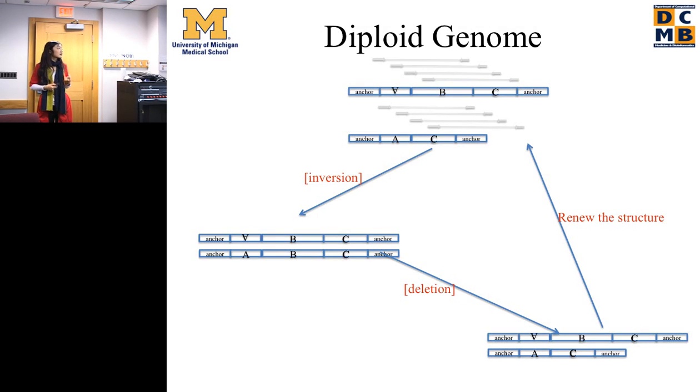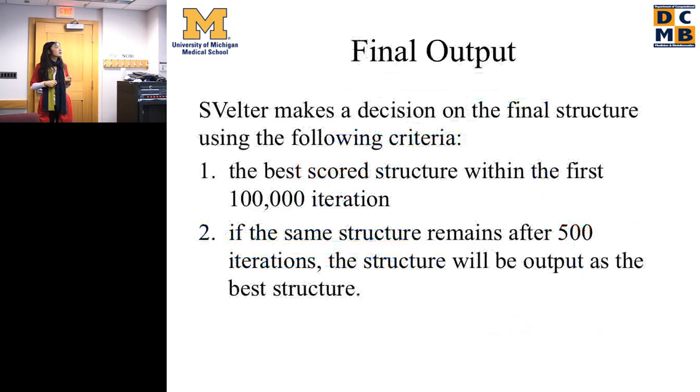So here's our final. Usually, the problem with the method we currently have is that after a lot of iterations, our result just doesn't converge to the best score. So currently, we run the first 100,000 iterations and pick the structure with the best score.